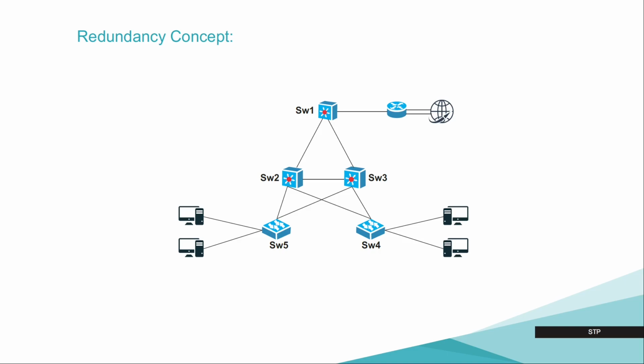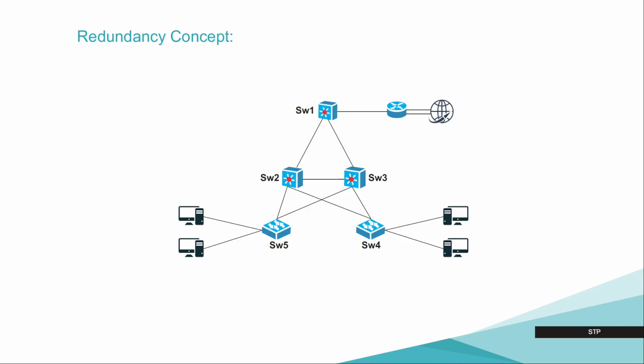If any link goes down, let's imagine that the link between switch 1 and switch 3 goes down for any reason. Can switch 3 still reach switch 1? The answer is yes. Switch 3 will send the data to switch 2, and switch 2 will send the data to switch 1.